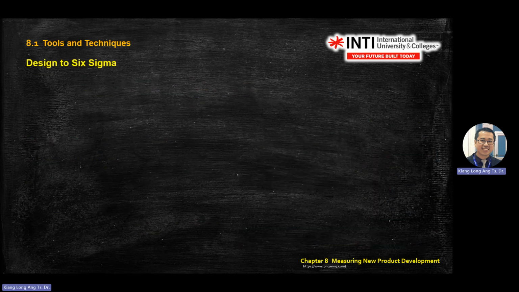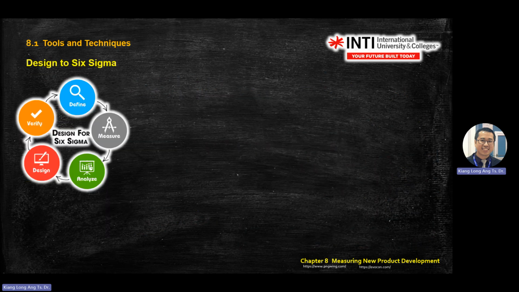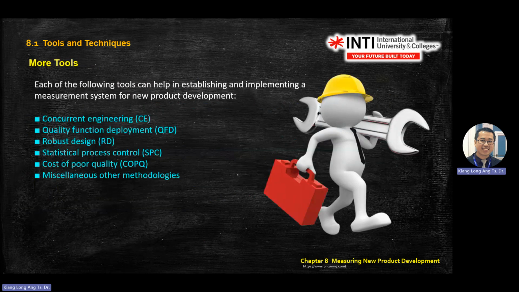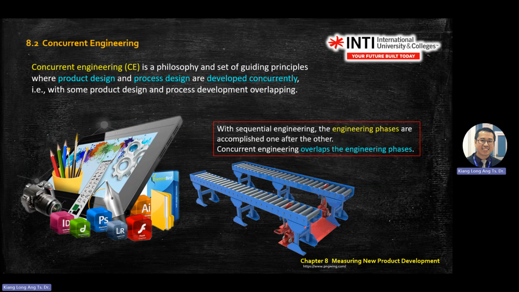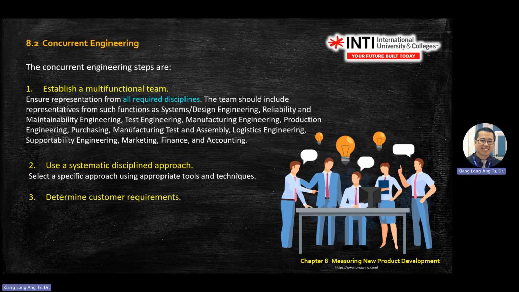This one is just for info. These are the tools that you can use to improve and produce new product development. So this one you read through. Rambus design, concurrent design, and so on.